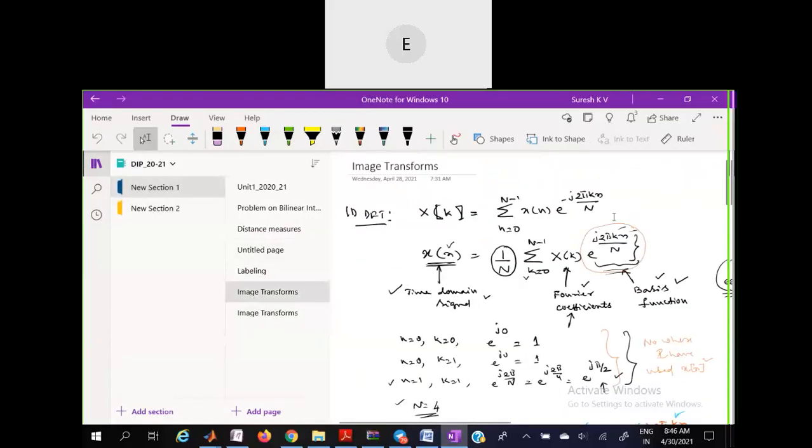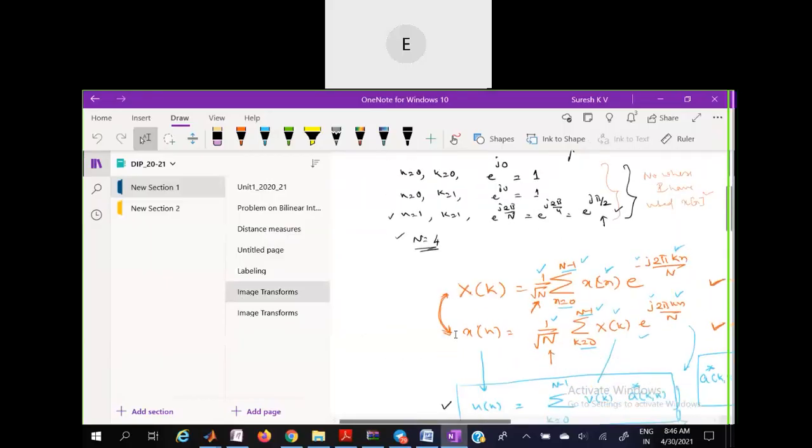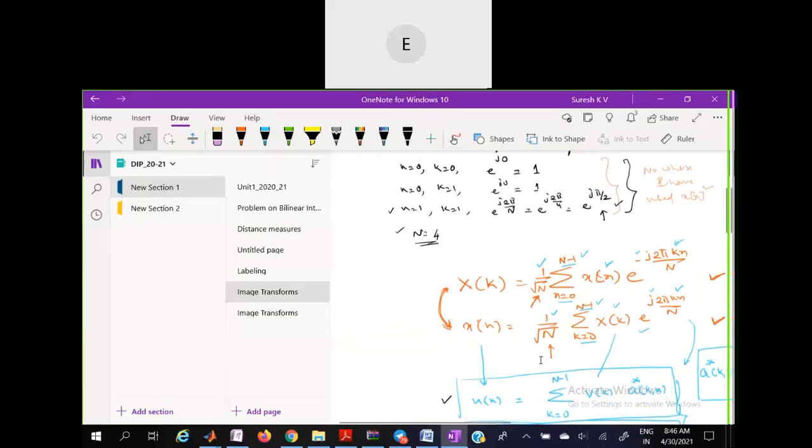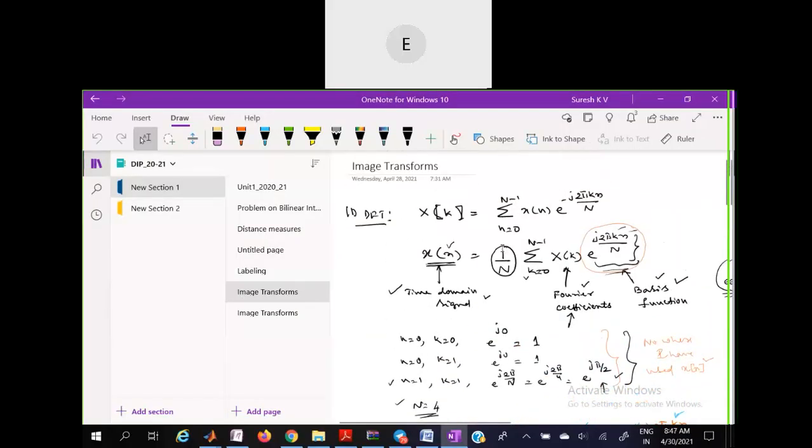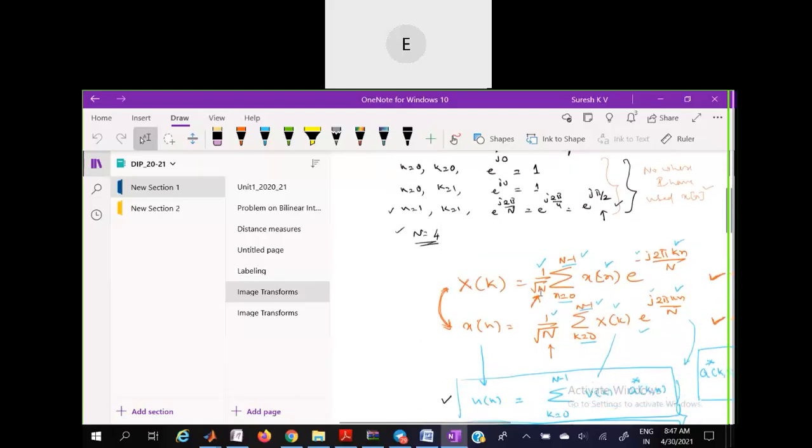Okay, so this is your DFT equation. Just to make them look similar, I also told you that usually this is how the equations are represented. Instead of showing 1 by N in one equation, 1 by root N in both the equations is written.